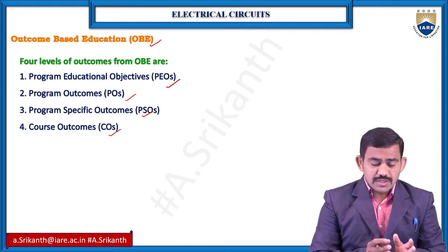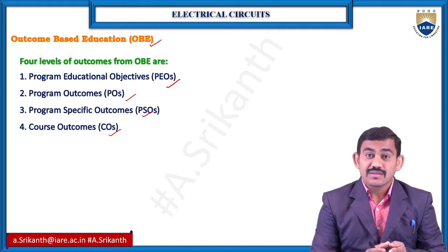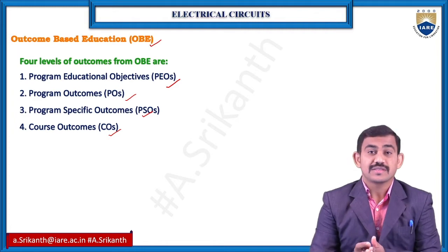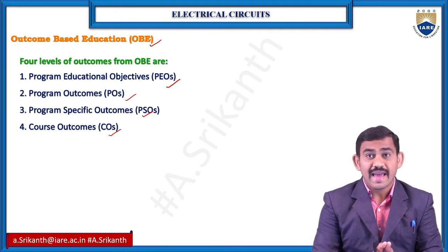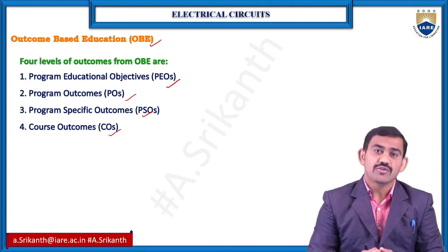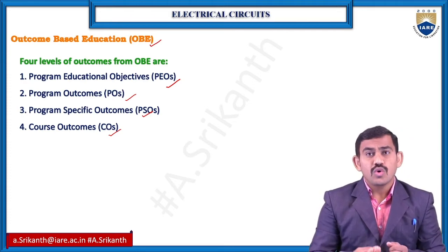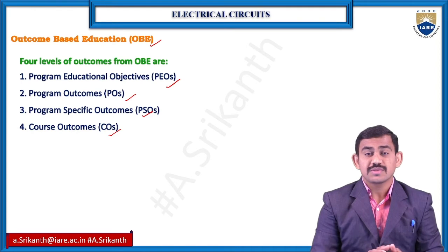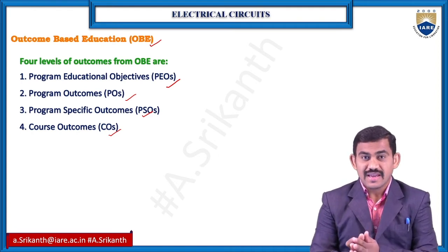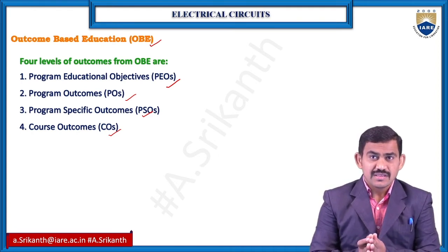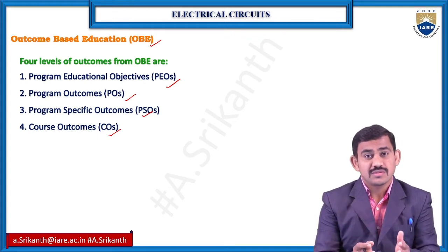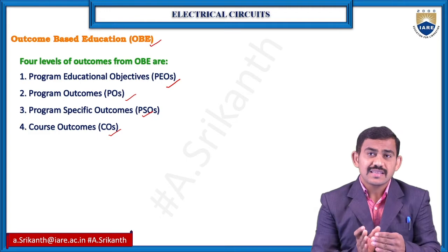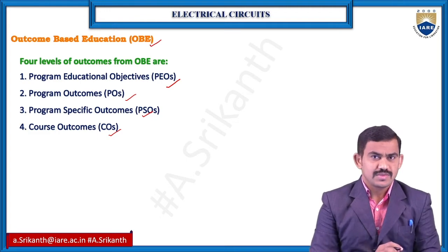Program specific outcomes are again decided by departments, or rather, each engineering branch has its own program specific outcomes. Coming to course outcomes, they are decided by each faculty. Each lecturer wants to decide how many program outcomes we have for each course, and from each course they decide some different program outcomes.